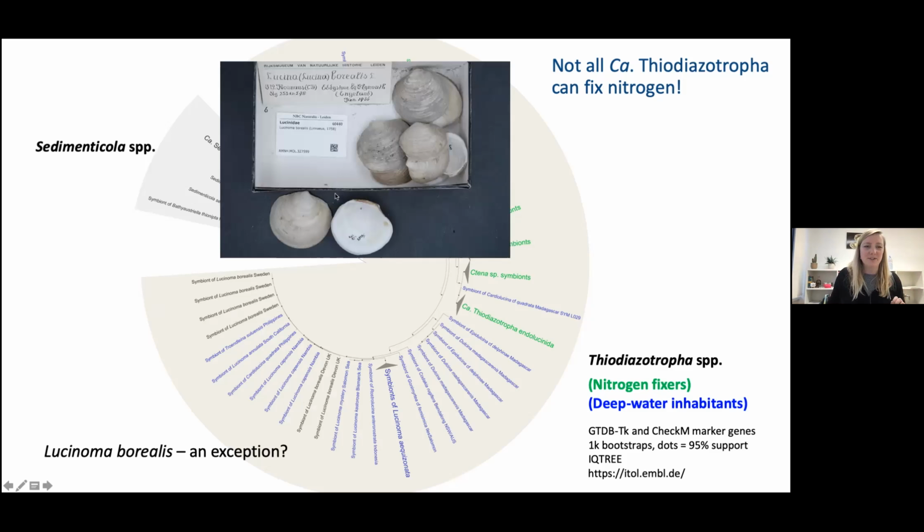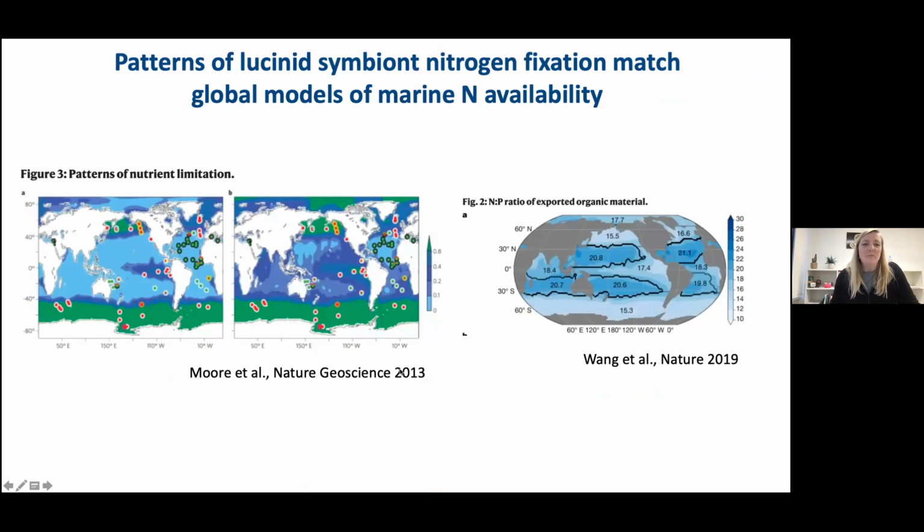Just to show you a picture of Leucinoma. If you're ever on the coastline in Sweden and you see shells like this, I'd be excited to hear it. We went out to the Kristineberg marine station with a ship to sample these Leucinoma. This was a very interesting link. But Leucinoma is also interesting because it's one of the very few species that's found at high latitudes.